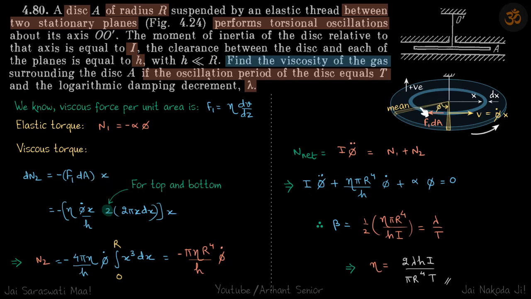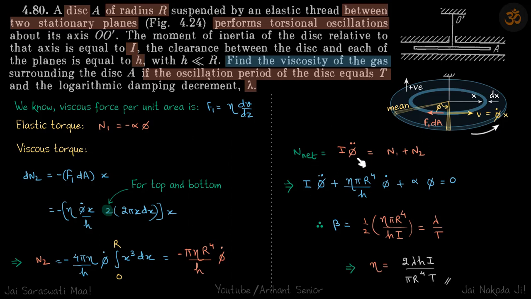For the area, we have to take the top area and the bottom area of the disk as well, because the viscous force will act on the top of the disk and the bottom of the disk. So the area becomes twice the area of the ring, so twice of 2 pi x dx. Times x. Now we have the torque as a function of x. We integrate from 0 to r, and this will be the torque due to the viscous nature of gases.